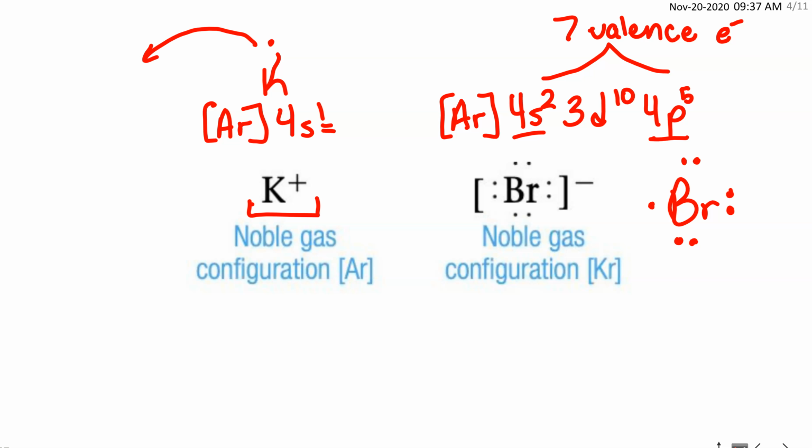I'm just going to draw an arrow showing that it's lost to something, which gives me potassium 1 plus. Now we've essentially gotten rid of that valence electron, and we're left with the argon configuration, which is very energetically stable.